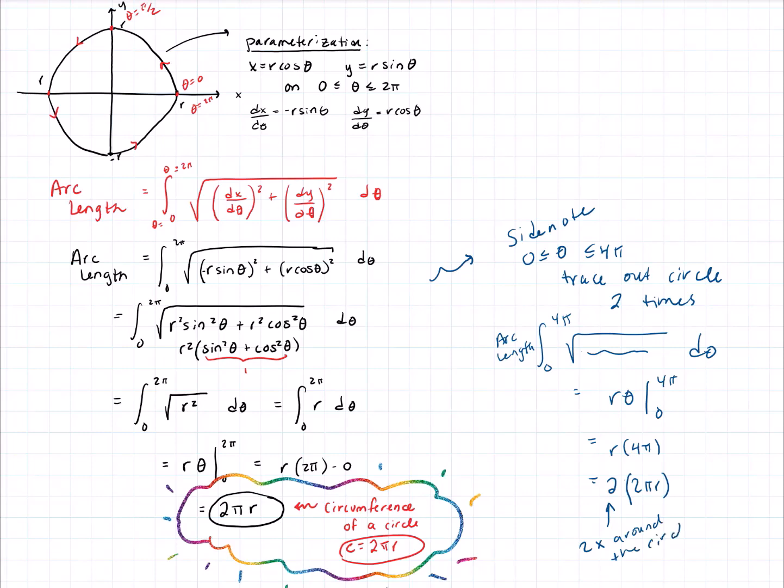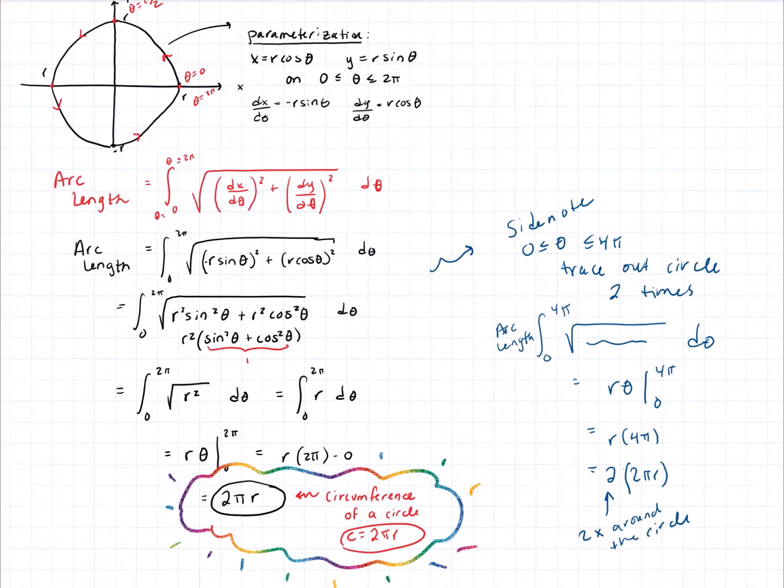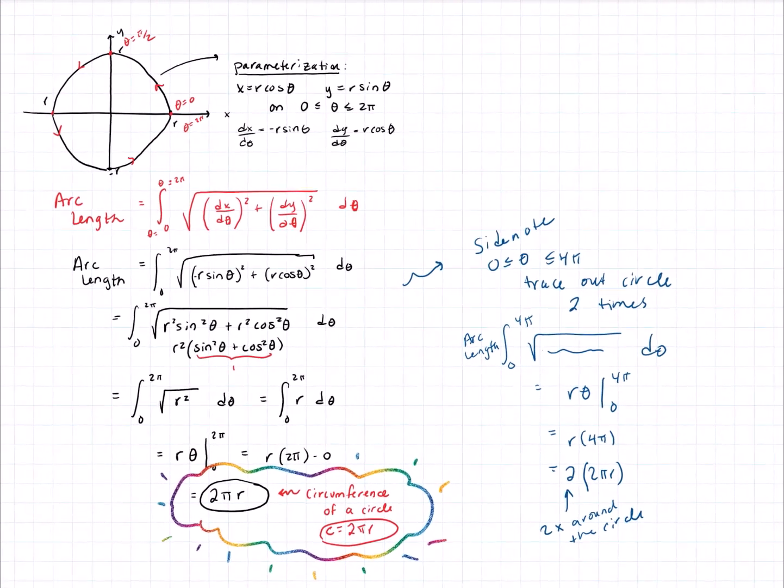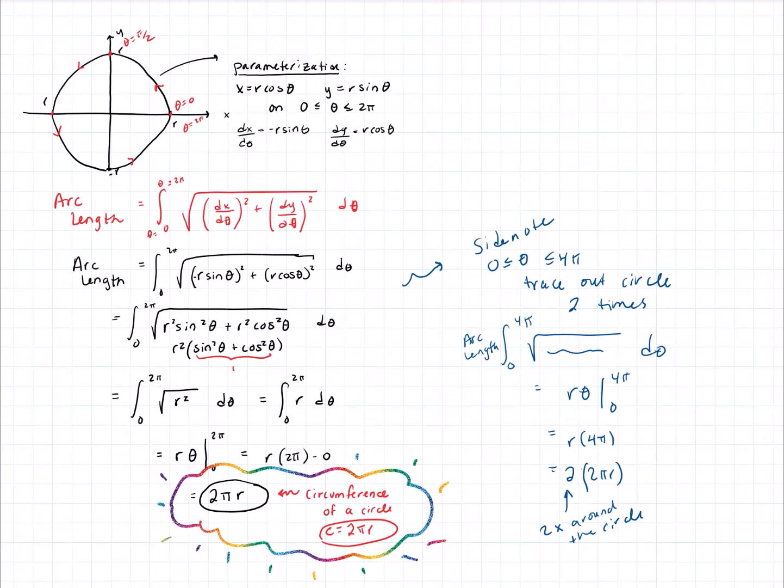Calculus is really good at what it does, right? If we tell this integral that we want the parameter to increase from 0 to 4 pi, what we're telling it is we want the parameterization to cycle through the circle 2 full times. So the actual arc length traced out there should be twice the circumference. It will generate back exactly what it's being asked to do.